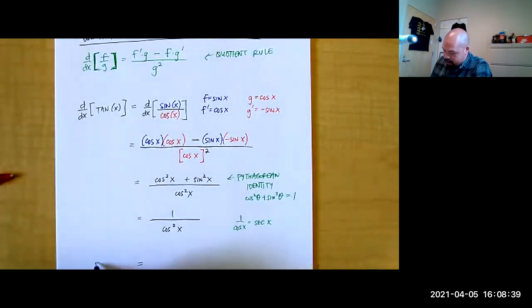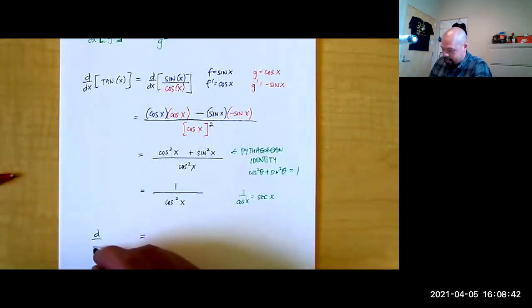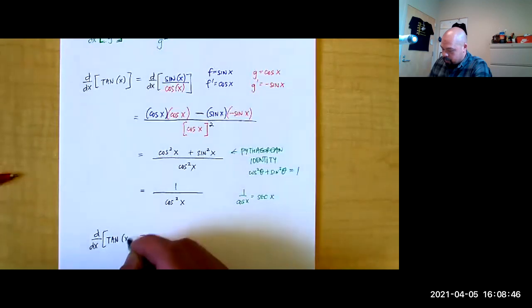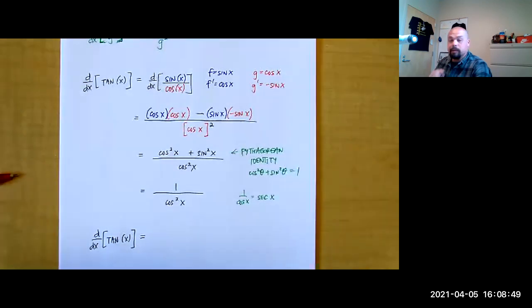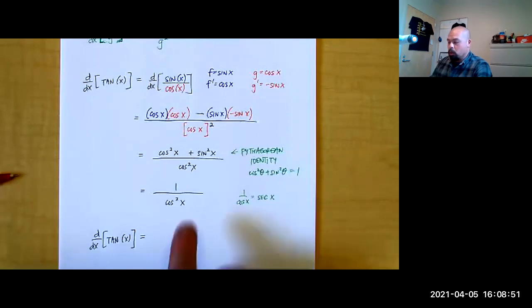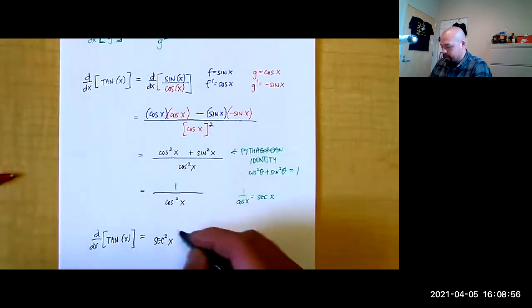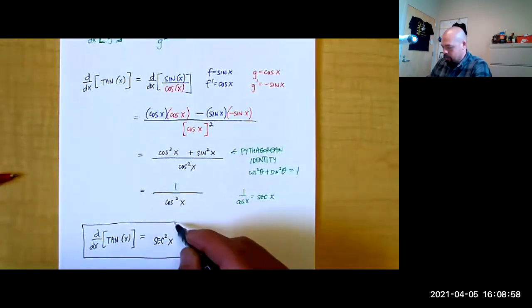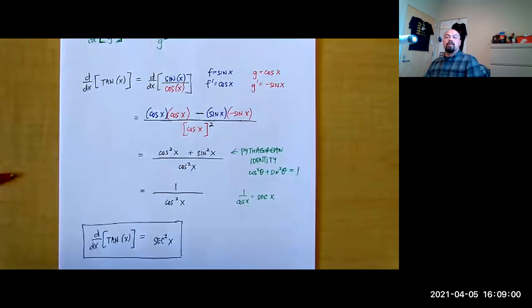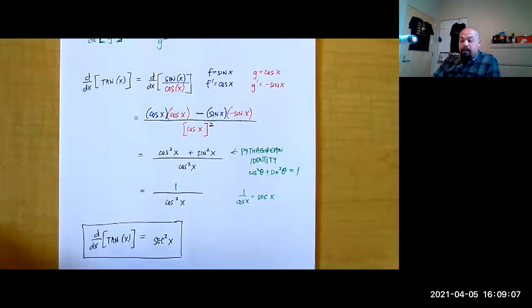So what we found with all that said and done, that quotient rule applied, 1 over the cosine squared, secant squared x. Okay, one of the important ones that does show up a lot in examples and problems of the future, that the derivative of tangent, pardon me, is secant squared. Watch that exponent.